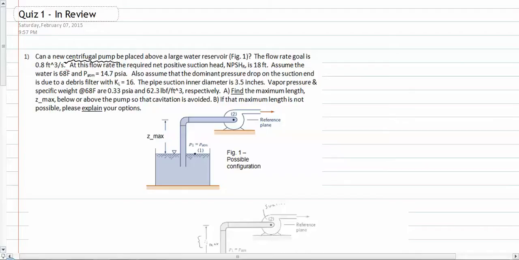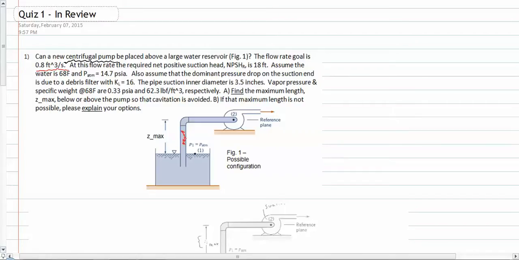The flow rate is about 0.8 feet cubed per second. The net positive suction head has been defined as 18 feet, and that's again the required. The water temperature and pressure are given from the reservoir. We assume that the dominant pressure drop on the suction end is a debris filter to make sure the pump is not destroyed by any debris in the reservoir, and that could be placed in this location.